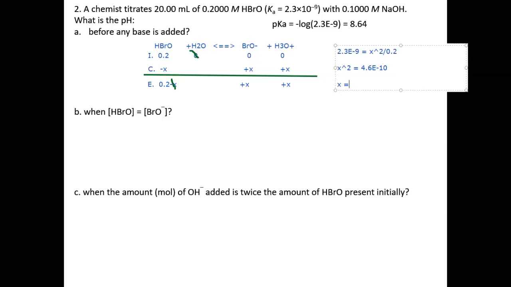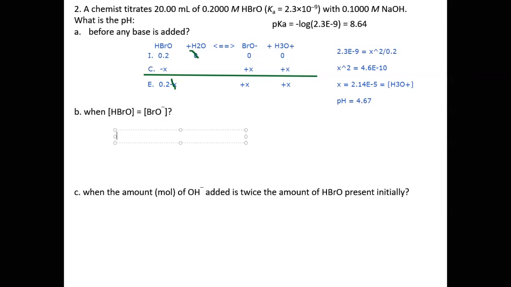X equals... Then we can find the pH. That's the initial pH of this 0.2 molar hypobromous acid solution. So we want to know what's the pH when the concentration of HBrO equals BrO minus.